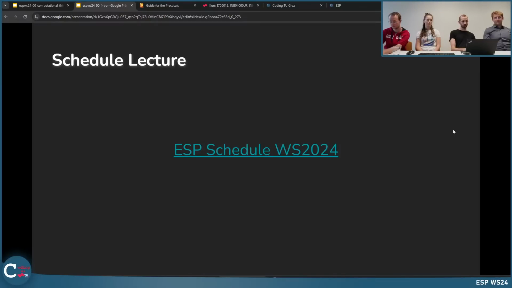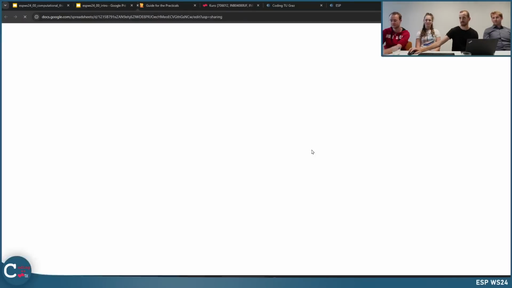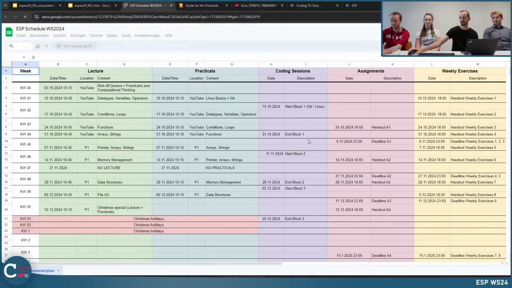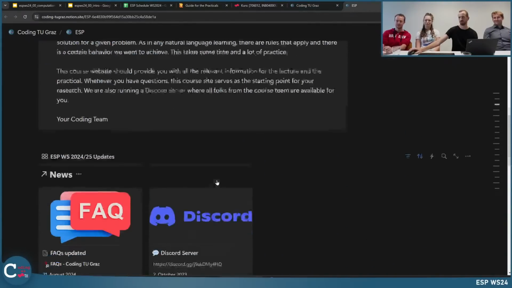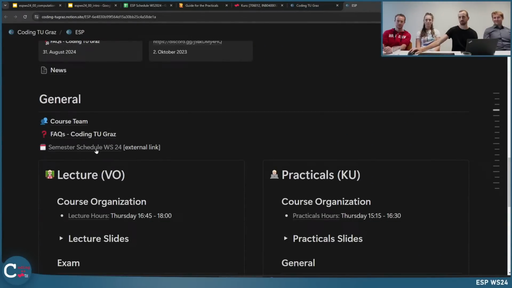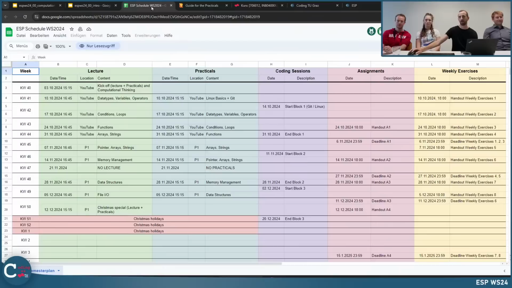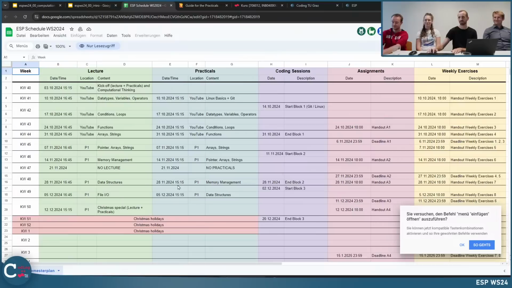Yeah, and I think we are already quite in the end. We have the overall schedule here, which is also linked on the course website. It's here, the semester schedule, and here you see again, I know it's a lot. I can try to zoom in, but then it's cut at the end.